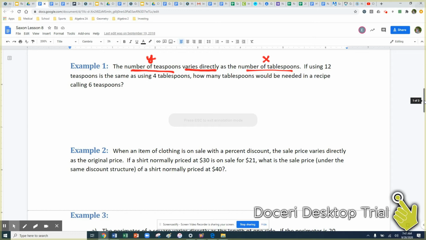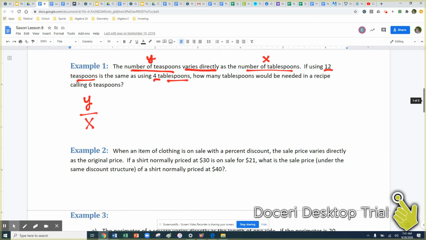Continuing, so now if I'm using 12 teaspoons, there's my y variable, is the same as using 4 tablespoons. So just recall that the constant is that y variable divided by x. So you take the price divided by the number of pounds of apples, that's going to give you that constant. Okay, you take that circumference divided by the diameter, that's going to give you pi, that constant.